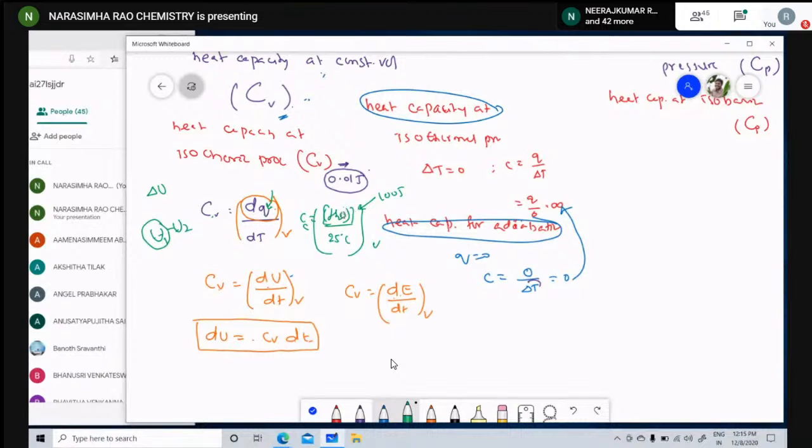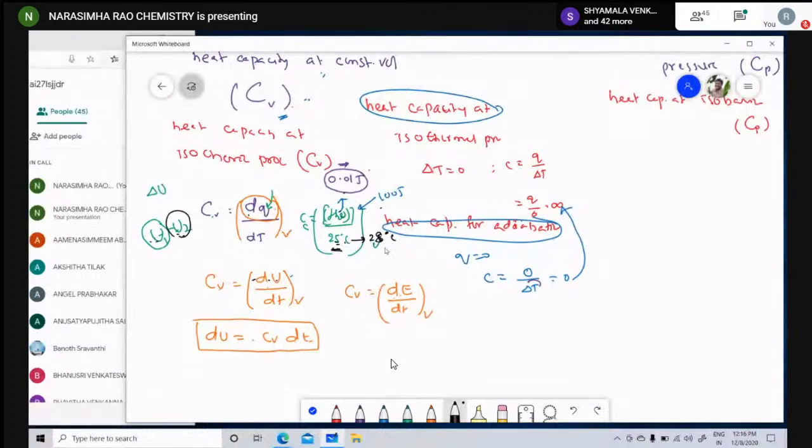At this constant volume, I give it 100 joules. Will the internal energy increase somewhat or not? Tell me, children. If you take energy from outside, will your energy increase or not? Yes, it increases. So the increased energy is the final position U2, and the initial one we took is U1. The change in difference is considered as dU. Initially the temperature is 25 degrees centigrade. After absorbing the 100 joules, its temperature may change to 26 degrees or 28 or whatever.